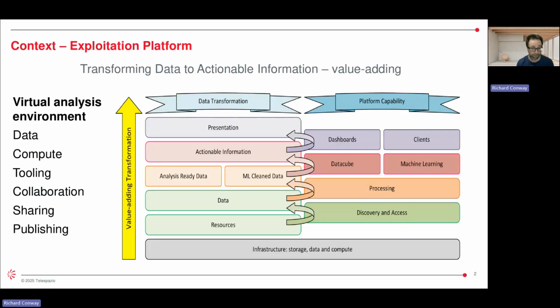And also there are considerations for machine learning as well. So the ability to prepare data and to perform machine learning on it. Ultimately, to make that data available to decision makers and users, we can envisage the use of dashboards and also clients that interface and make the data more consumable by users.